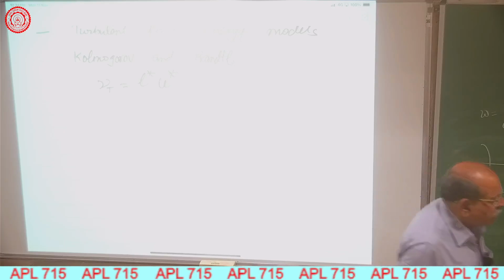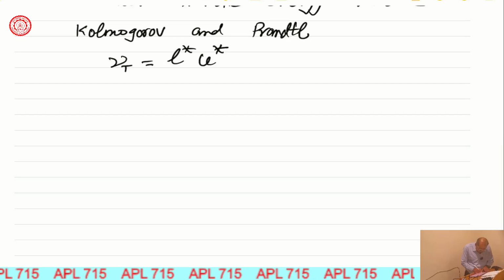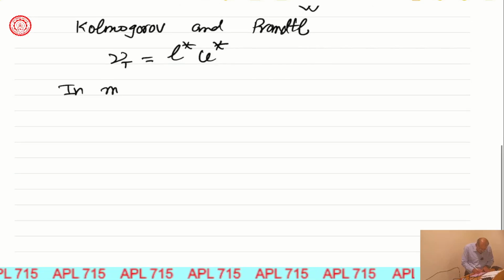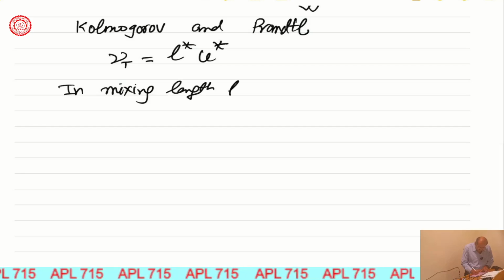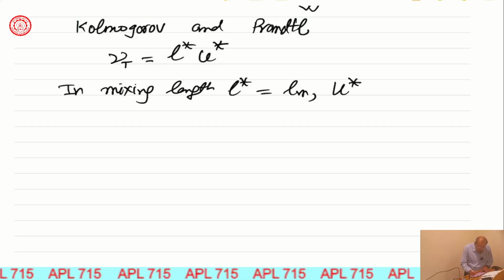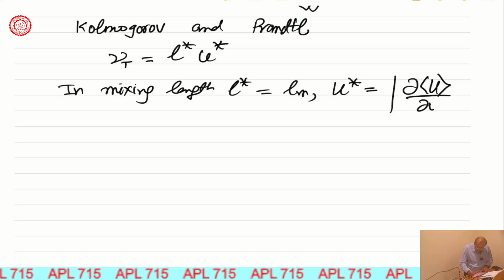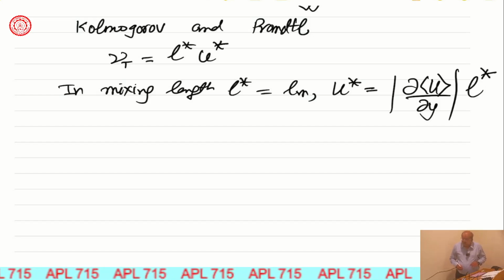Now in mixing length, to recap, L star was equal to Lm and U star was equal to du by dy times L star.